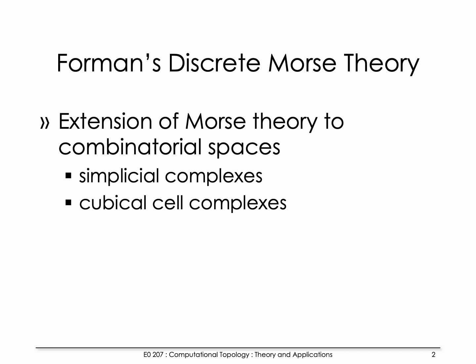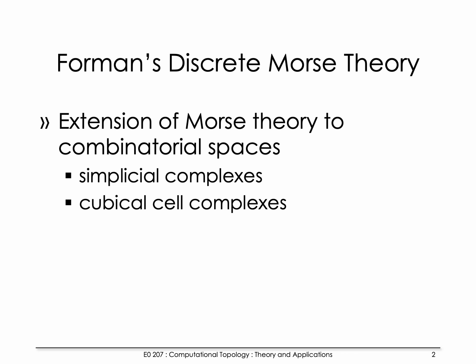So Robin Forman extended Morse theory to combinatorial spaces such as simplicial complexes or a collection of cubical cells, namely a cubical cell complex. We will focus our attention only on these two complexes.